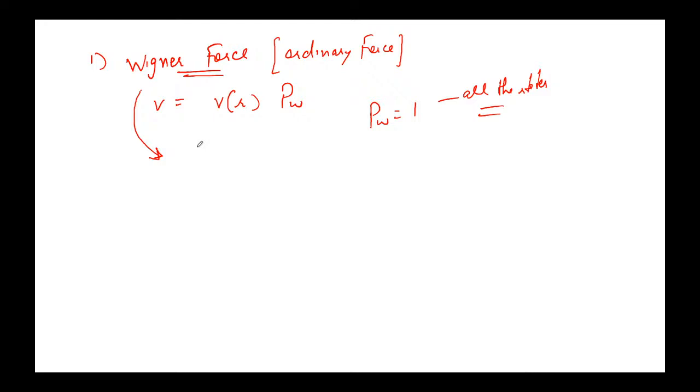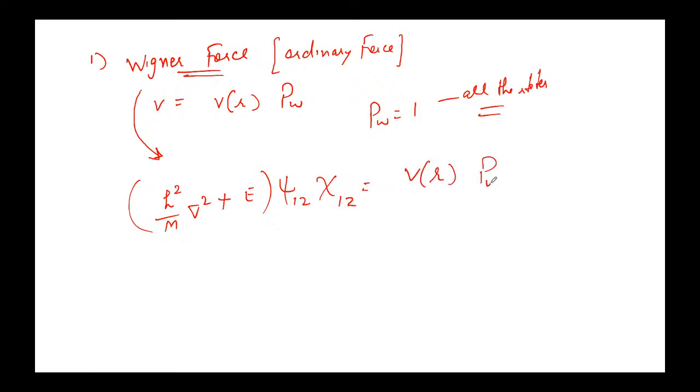So this would make the equation h square over m del square psi, or we can keep the psi outside, psi 1 2 theta 1 2, equal to V(r) P omega psi 1 2.